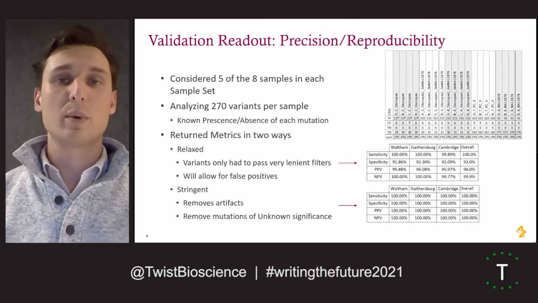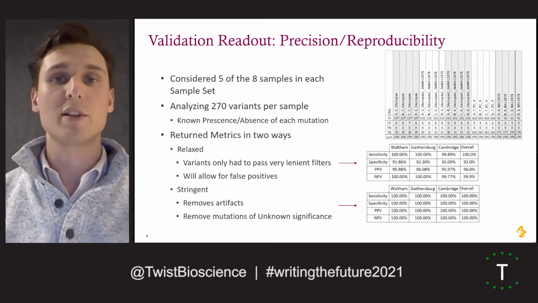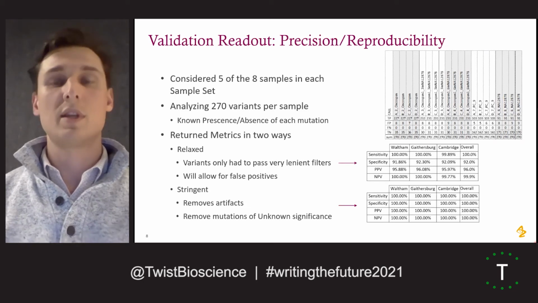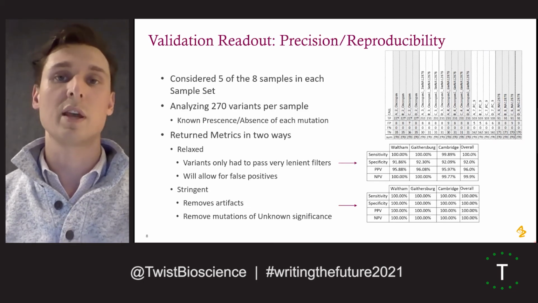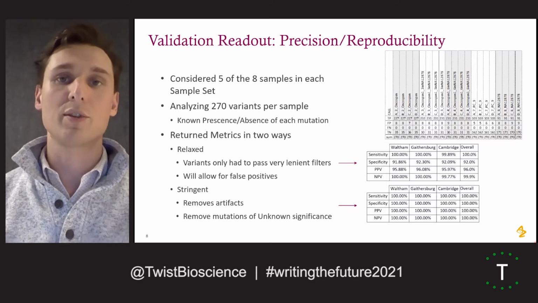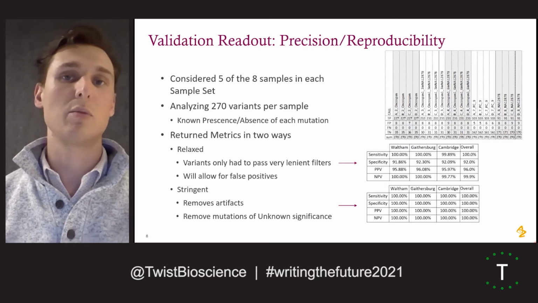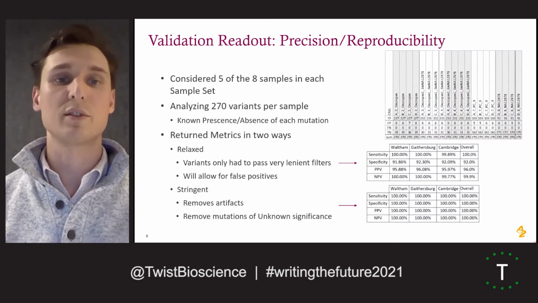So in that way, we were able to define the known true positives and true negatives, and we also included within this 270 truth set known artifactual calls that we knew would occur, which could be possible false positives.